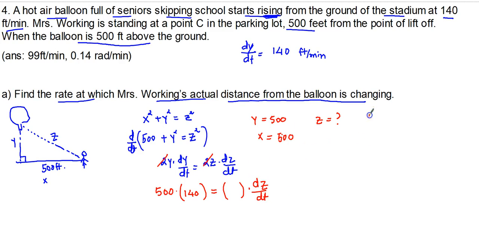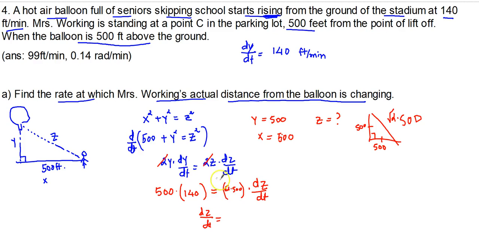To find z, this is a right triangle where two sides are 500, 500. Remember we have always been saying that when the two sides are the same, the hypotenuse is square root 2 times 500. So let's substitute here. That number is square root 2 times 500, and solve for dz/dt. Looks like an easy question.